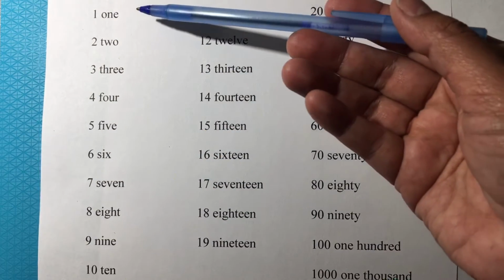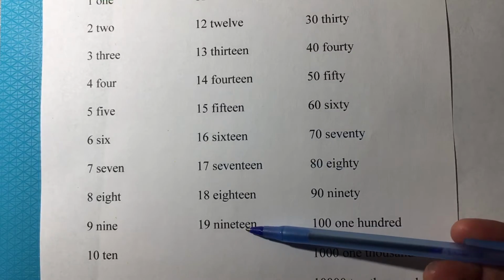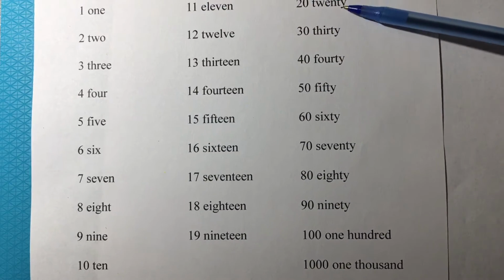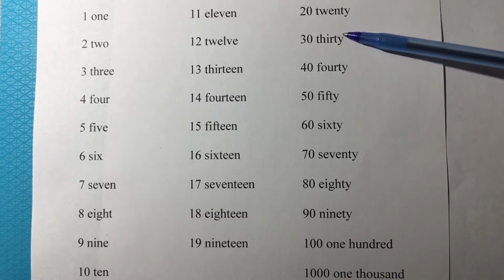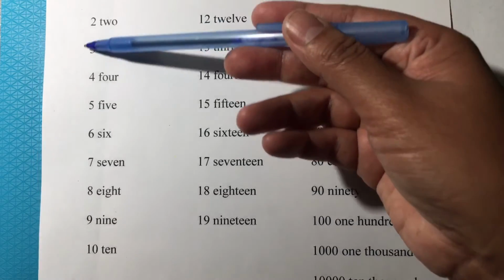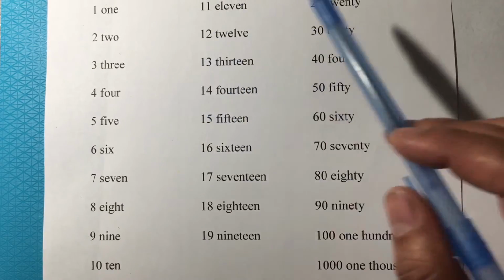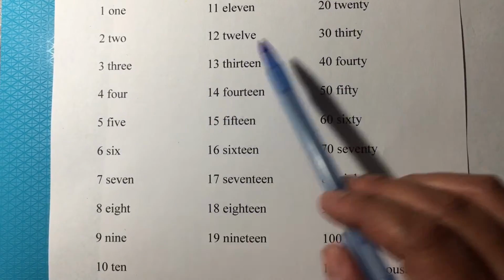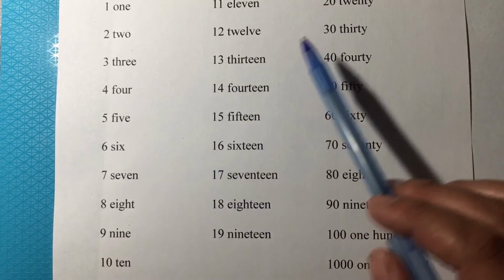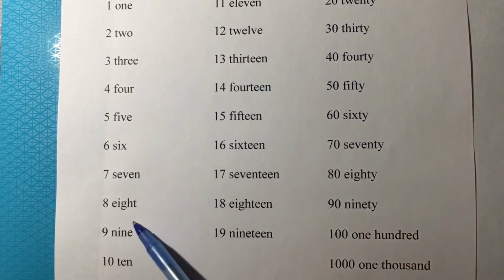So basically you just need to learn from 1 to 19, and then by the tens, you just go ahead and combine each one of these ones with up to 9. So 21, 22, 23, up to 29.